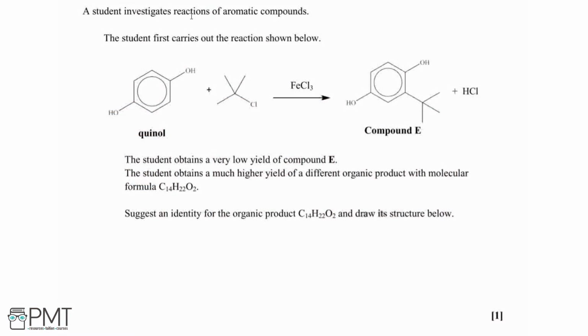The student investigates reactions of aromatic compounds. The student first carries out the reactions shown below. So this is the reaction of quinol, which is an aromatic compound, with 2-methyl 2-chloropropane, a halogen carrier of iron trichloride, and we're producing this substituted compound E. So we've substituted one of the hydrogens on quinol with our compound here, and we're also producing some HCl overall.